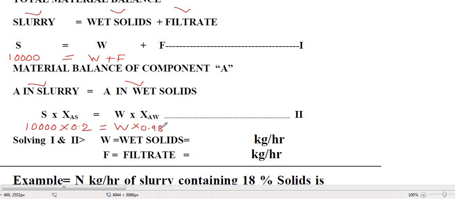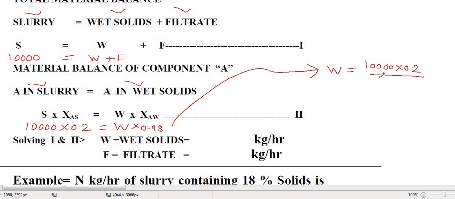So from this equation you can calculate W is equal to 10,000 into 0.2 divided by 0.98. Here this 0.98 is multiplication on that side, so it will be divided.